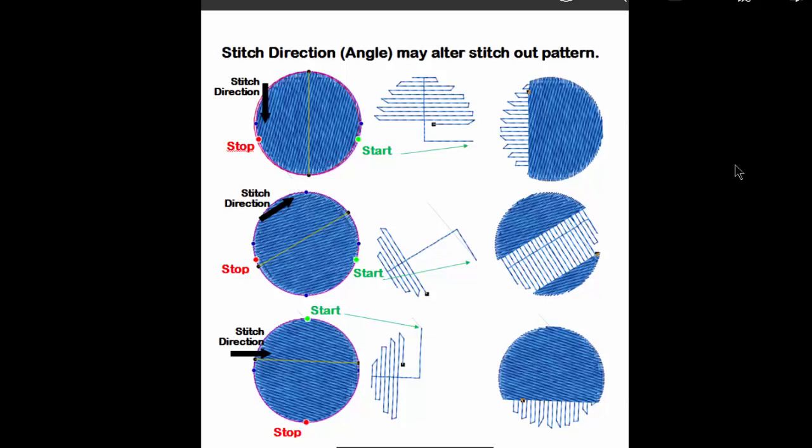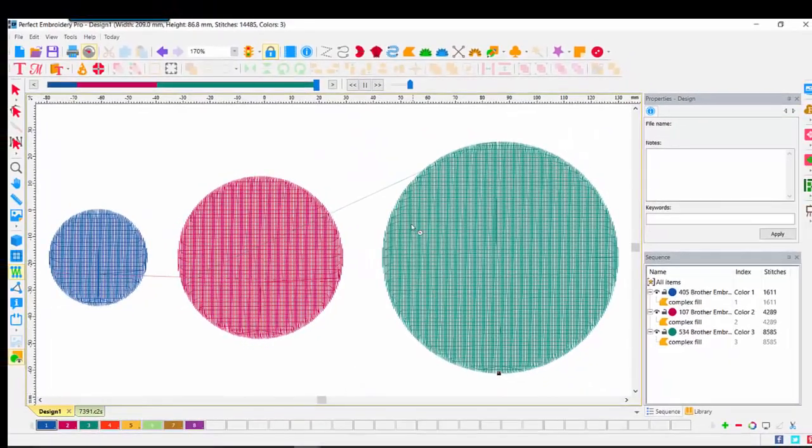You can see again from this chart that the stitch direction, the angle, which is indicated by the yellow lines right here, alters the stitch out pattern. And you can see how the underlay has been altered and where it starts, and then how the circle itself fills out and finishes. We go back to PEP and we'll take a look at that green circle.